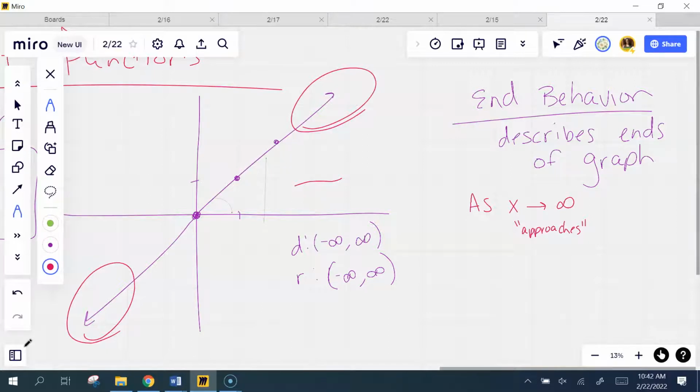I've got 2 ends circled. The top end. Why? That's the direction x gets really, really big, right? Here x might be 10, but over here x might be 1,000. It gets really, really big that way, right? So anytime you see as x approaches positive infinity, this means the right end of the graph. Okay? So I start out as x approaches positive infinity.